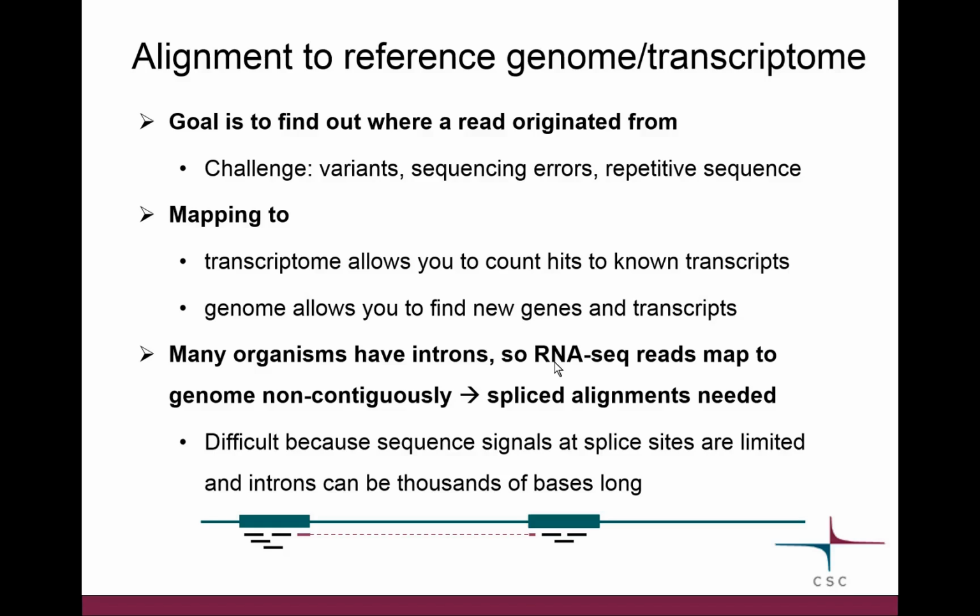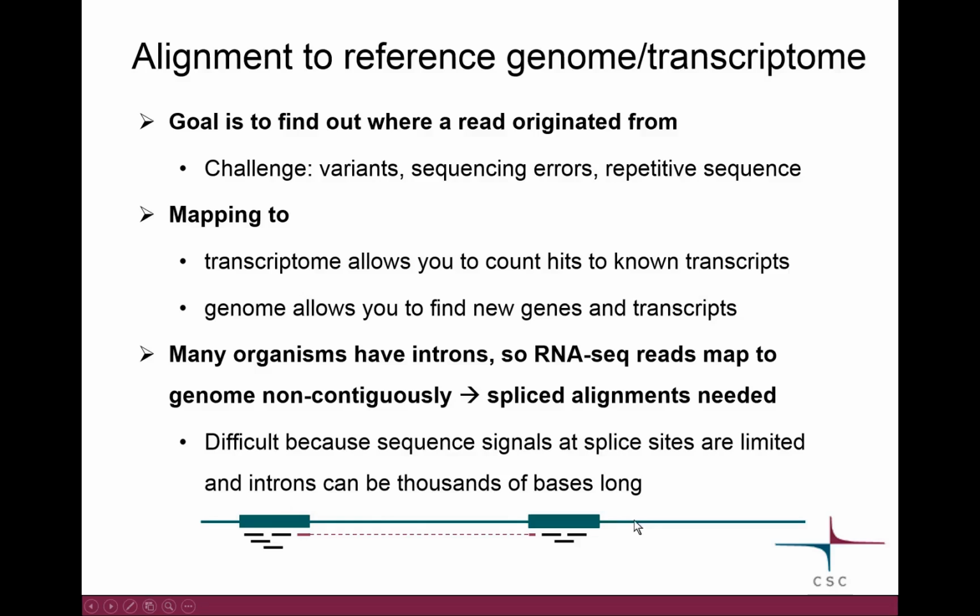However, then we take these reads and try to match them to the genome where the introns are present. So inevitably, some of the reads will go across exon-exon junctions. So the aligner program has to be able to cope with those situations.